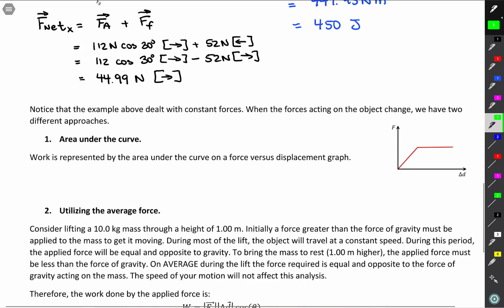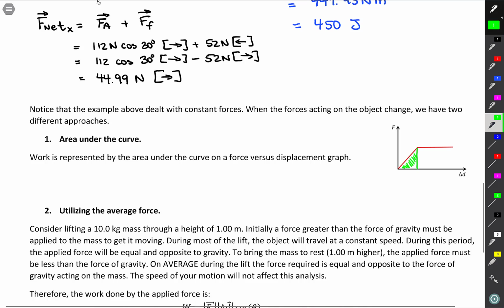So how can I figure out the work that's going on here? Well, if you remember from before, a lot of information can be pulled out of these types of graphs. The area under that curve would be force times displacement if I was calculating the area, right? And it's a triangle, so I would have 1/2 the force times the displacement. But again, force times displacement, that's work.